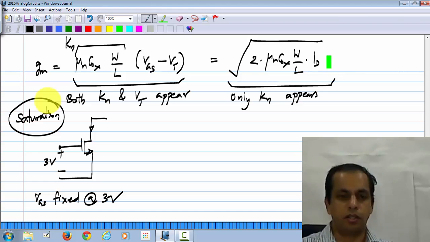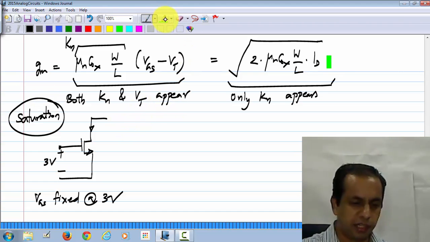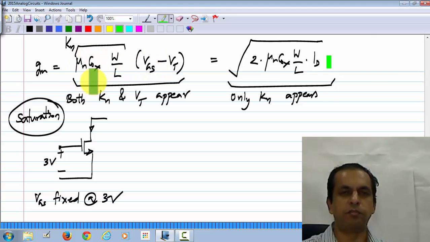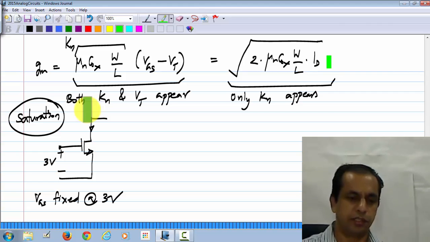So now we saw that as VT changes, GM will change. Because VGS is fixed, if VT is changing, this will change, and if the current factor changes, also the GM will change.